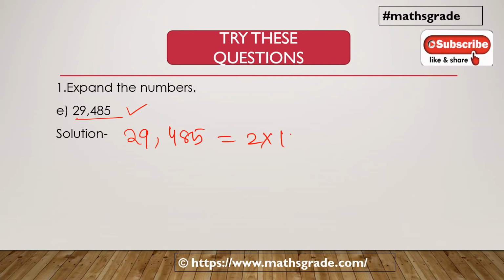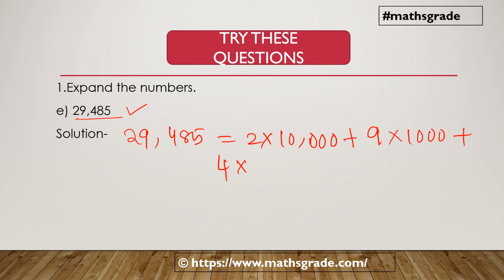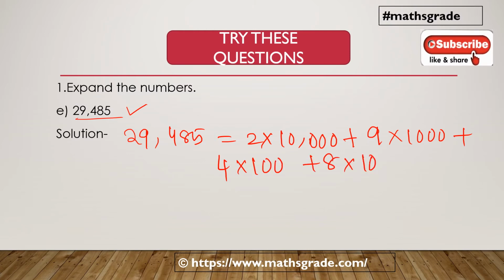And digit 9 is in the 1000 place, so multiply 9 with 1000. And digit 4 in the 100 place, and digit 8 in the tens place, and digit 5 in the 1 place. This is the expansion of the number 29,485.